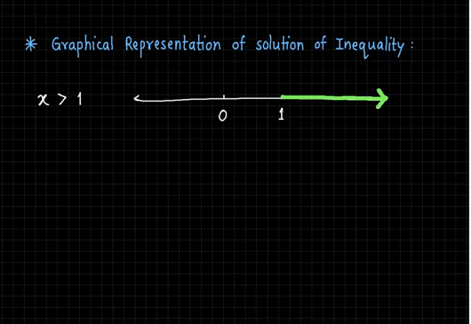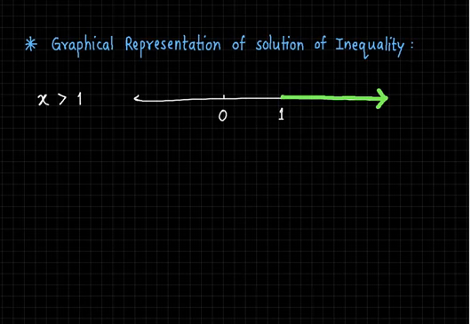Now while doing this, let's ask the question about the value 1 itself. Do we want to include the value 1 itself? The answer is no, because we don't want x even equal to 1. But when we just darken the segment like this, it may be ambiguous, and someone looking at this figure might be confused whether I have included the value 1 or not.